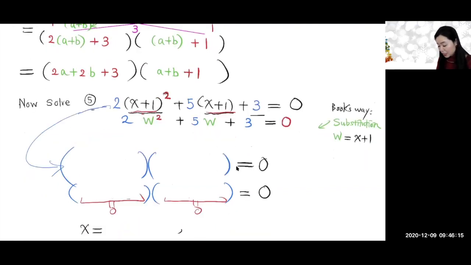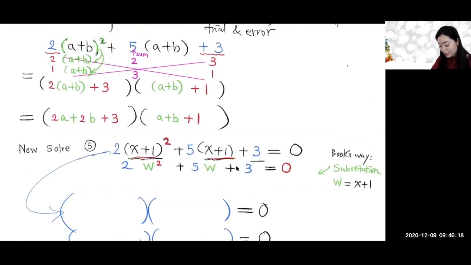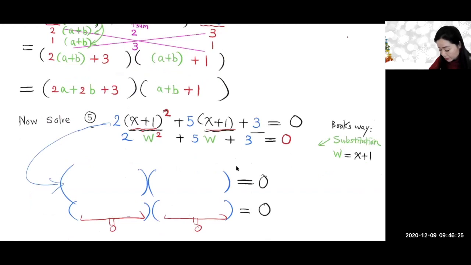And then we do a trial and error, right? Just similar to what we have done here. So do a trial and error over here, then you get 2w plus 3 times w plus 1, and that's equal to 0.